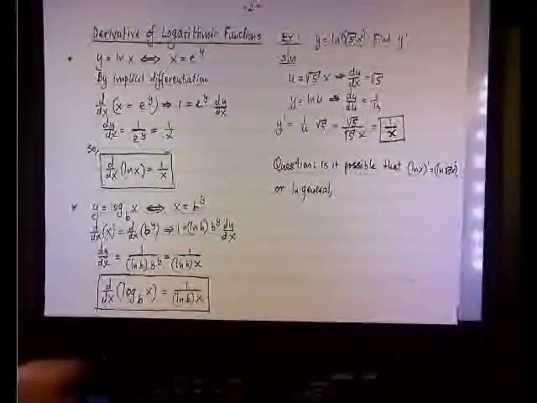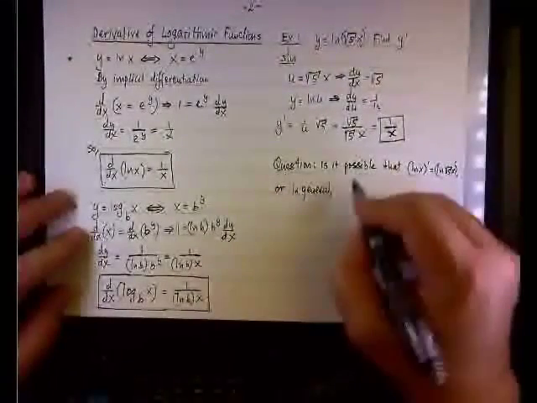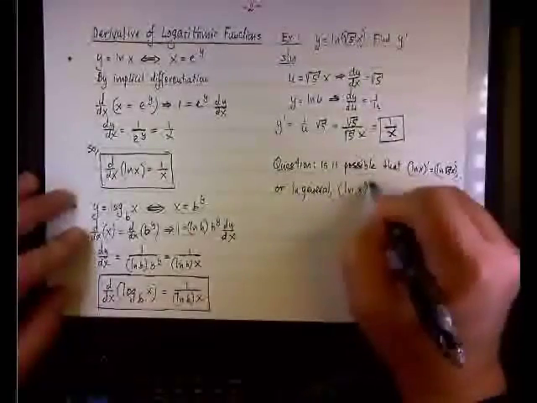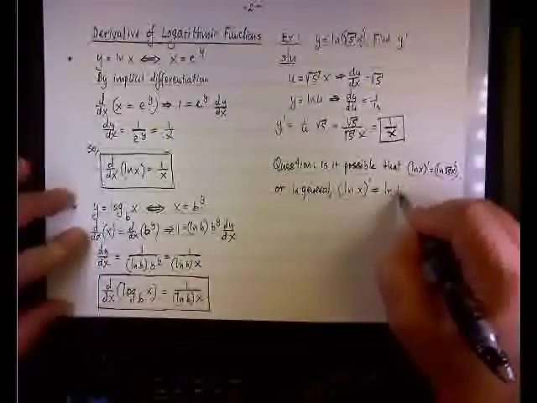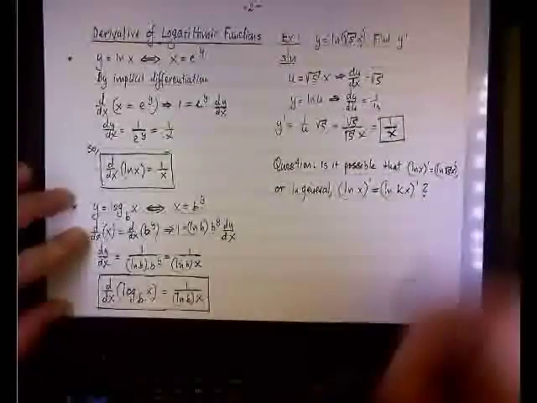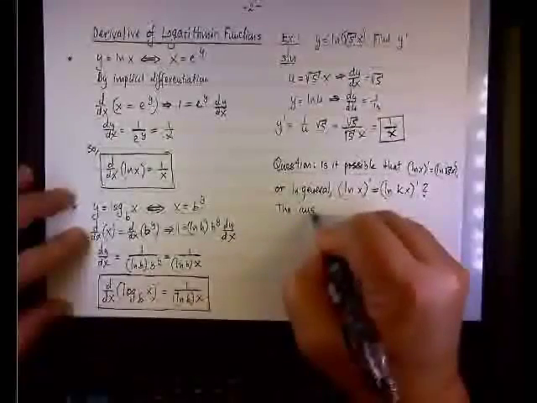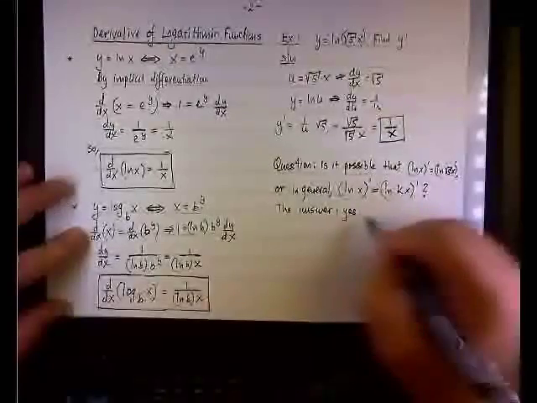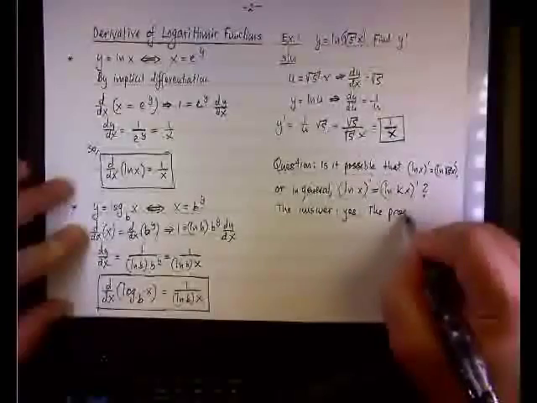I'm going to say, okay, what happens if instead of square root of 5, I have some generic coefficient k. So the derivative of natural log of x, is it possible that it's equal to the derivative of the natural log of kx, like so? Okay? So the answer is yes. Okay? The proof is the following.